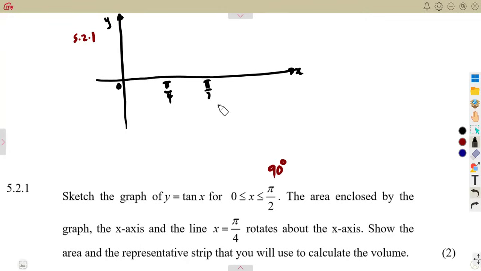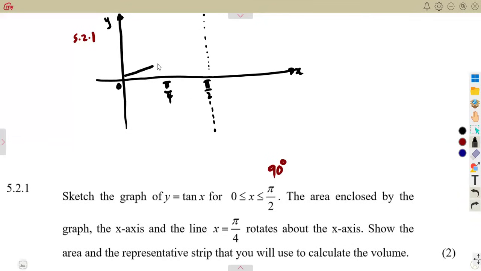At pi over 2, which is 90 degrees, we have got an asymptote. We do not have a value there. We move on to another value, 90 plus the 45, which is 135, and so on. But in this case, we are just focusing on what is happening between the first part of the graph. So it's just something like this.